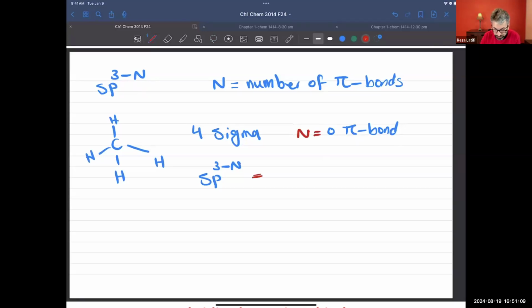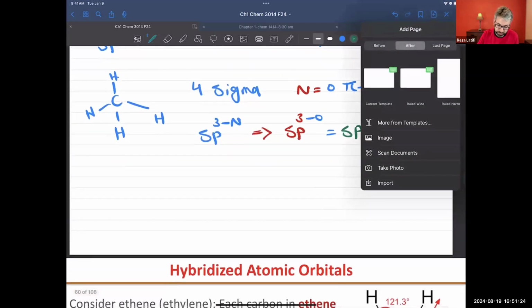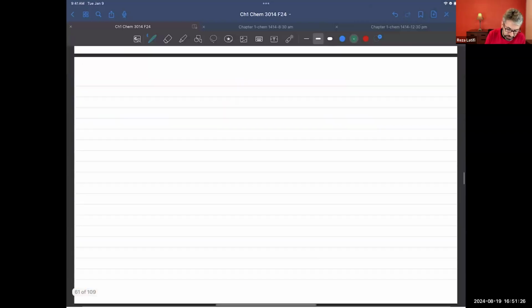So that's going to be sp3 minus 0, still sp3. That's one short formula that is always going to work for carbon. How about these two molecules? You have carbon attached to another carbon.